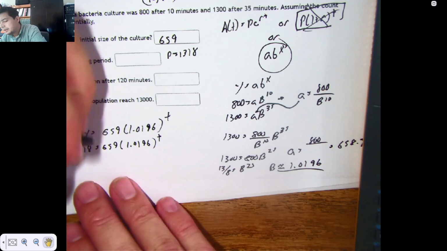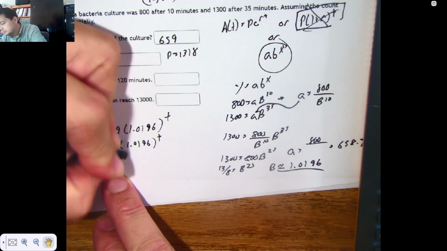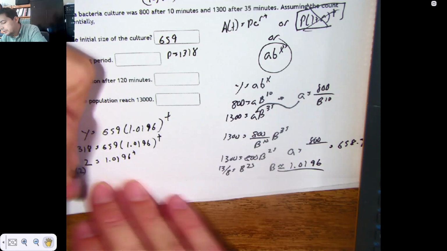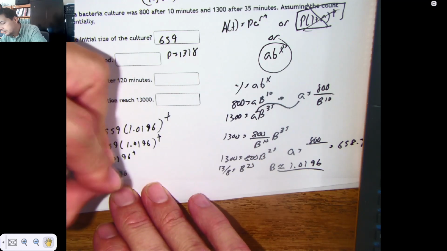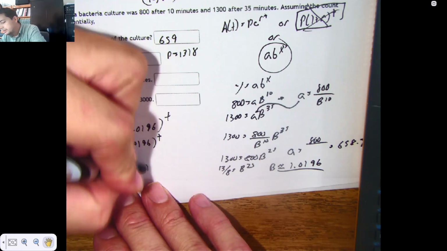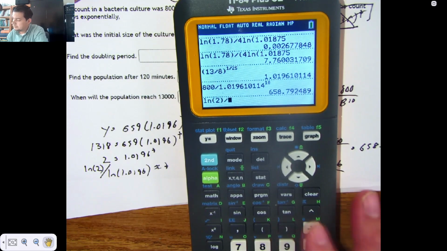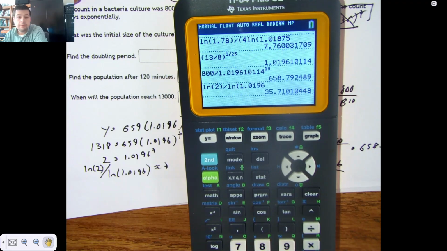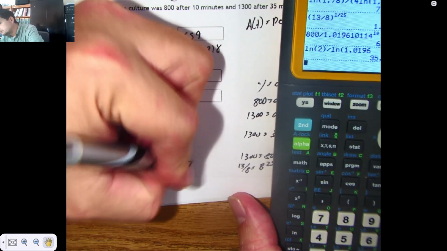Divide out that 659, I should get 2. Take ln of both sides. That's the natural log of 2 divided by the natural log of that funky looking decimal. And that is roughly my time: 35.71 minutes.